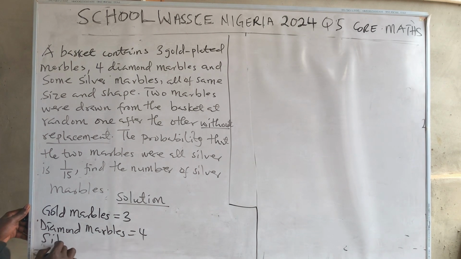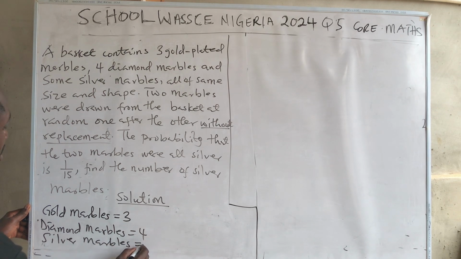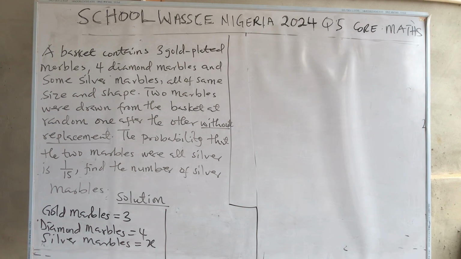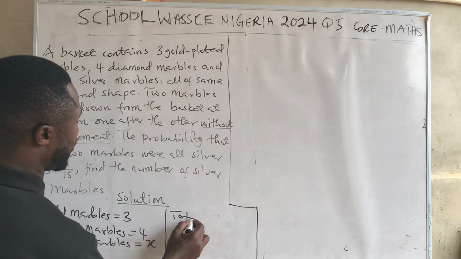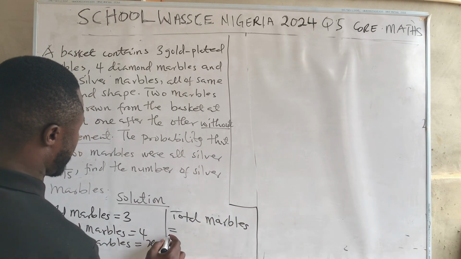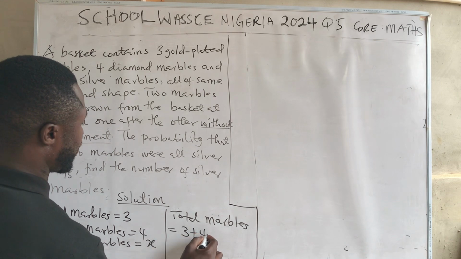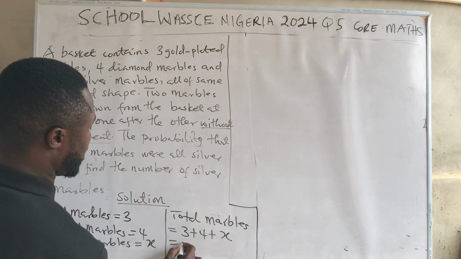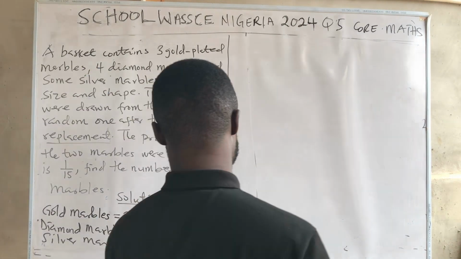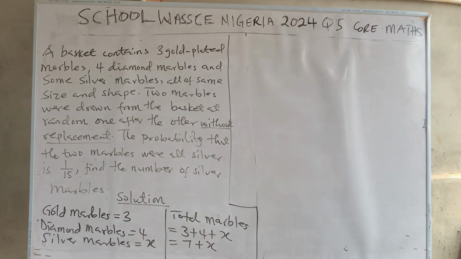And then silver marbles, let's say X, because we don't know the number of silver marbles, and that is what we are calculating for. In probability, we need a total, so therefore total marbles is going to give us 3 plus 4 plus X, and that will be 7 plus X. So the total marbles is 7 plus X.